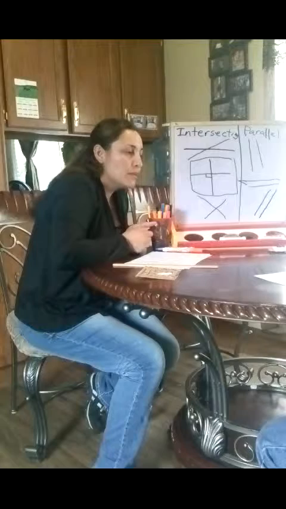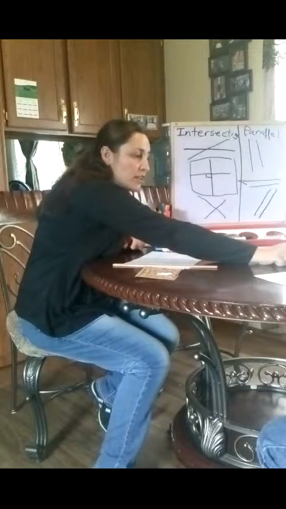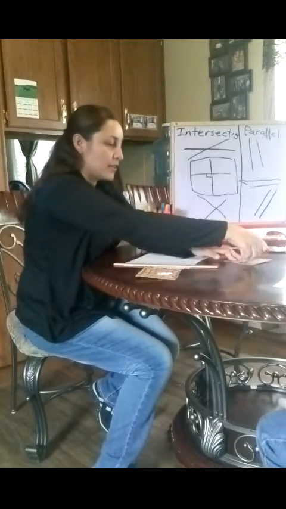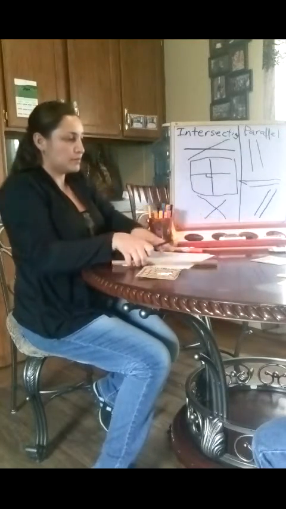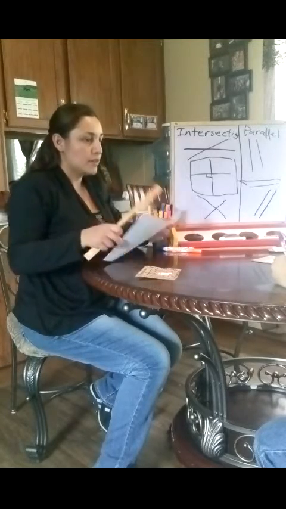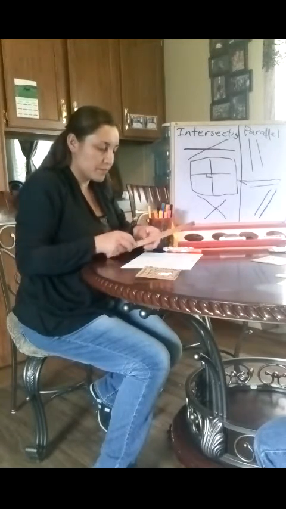Okay, great. It looks like you know what you're dealing with. Can you draw for me a perpendicular line since it hasn't come up in the spinner? Let's try a perpendicular line on your map. What does the perpendicular line have to have? A 90-degree angle. Okay?